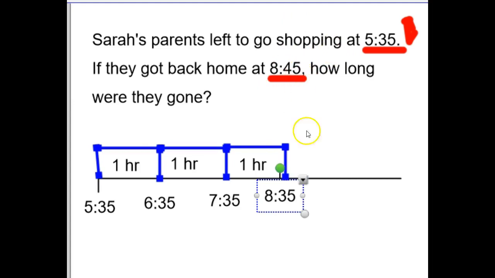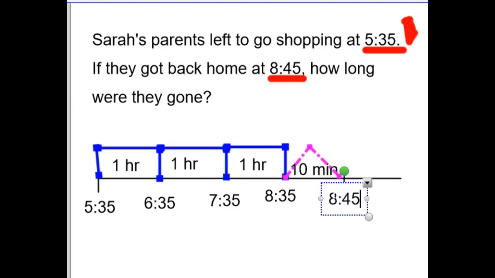So I have to think, well, I could jump 8:35, 8:36, 37, but I know this one's pretty easy. If I just add 10 more minutes, I can make that jump of 10 minutes. And that would get me to my end time of 8:45.